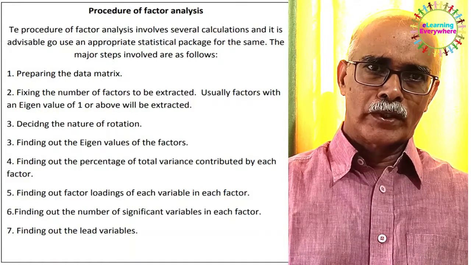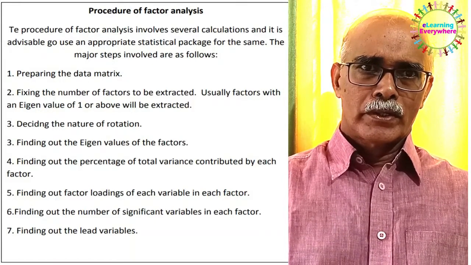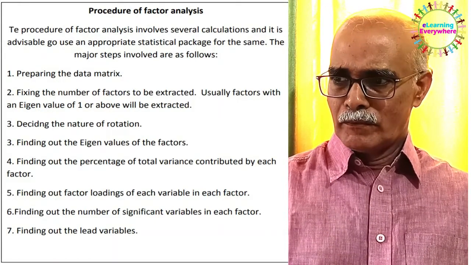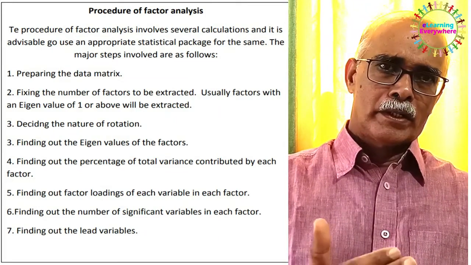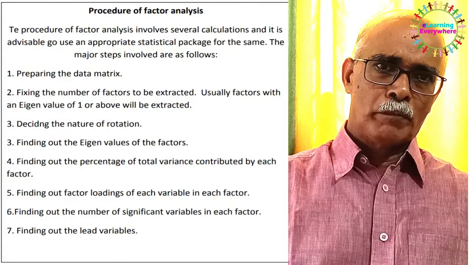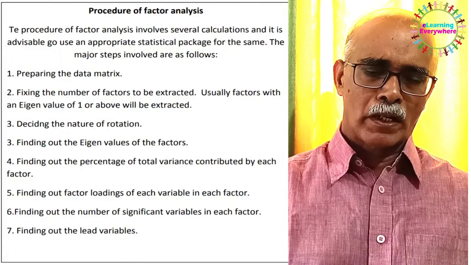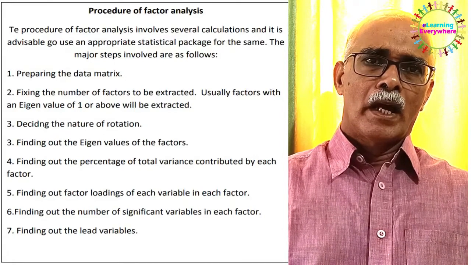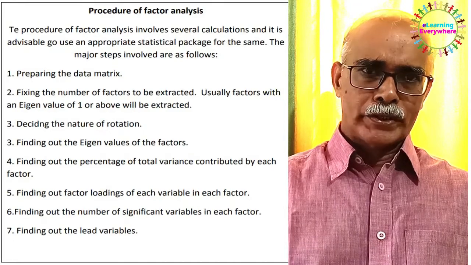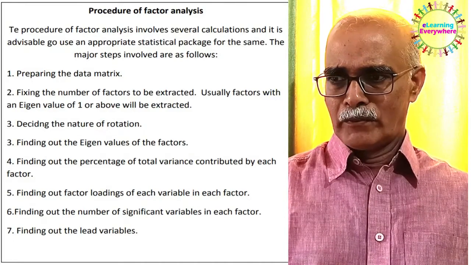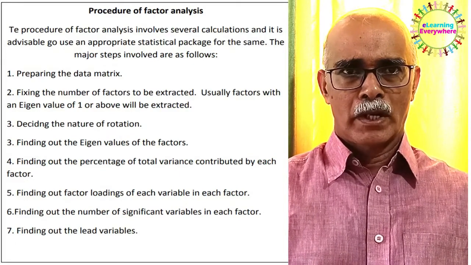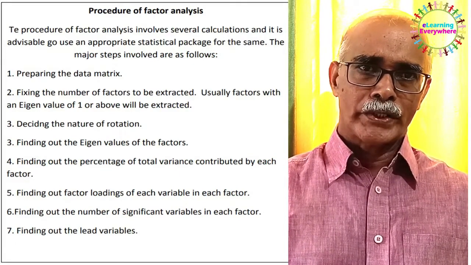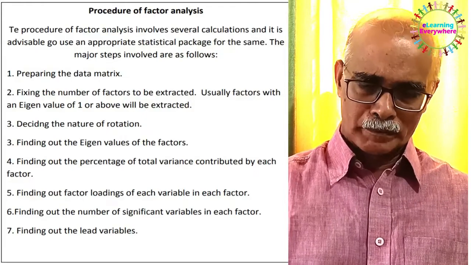Finally, you have to find out the number of significant variables in each factor, and such variables will be showing a different factor loading, and based on the factor loading, you are finding out the lead variables. The lead variables are the variables with the highest factor loading.